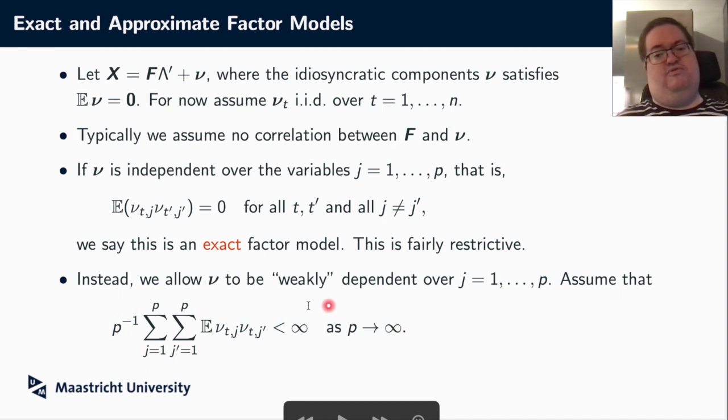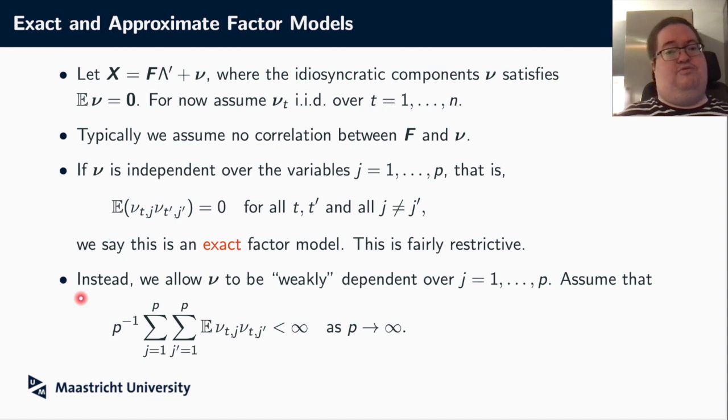Now this looks very similar to a time series setup where we would define weak dependence in a very similar way. So essentially this tells us that some dependence is allowed. For instance, if x1 and x2 are, for whatever reason, very closely related, we can allow only those two to be related through the idiosyncratic component, but it should not persist through all variables, because if it did, then it would actually be a factor.